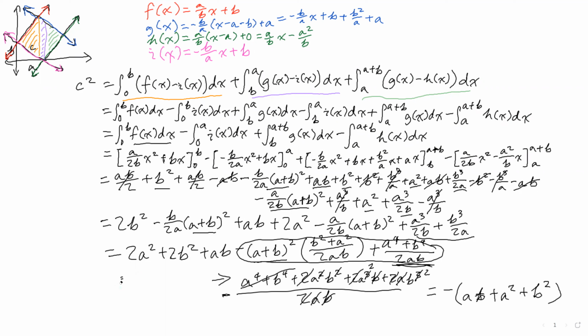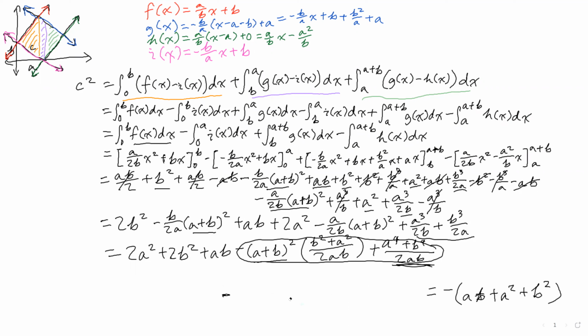So let's erase all this stuff at the bottom. No more box method, I'm sorry. Erase all of this. So c squared once again is equal to 2a squared plus 2b squared plus ab minus ab.